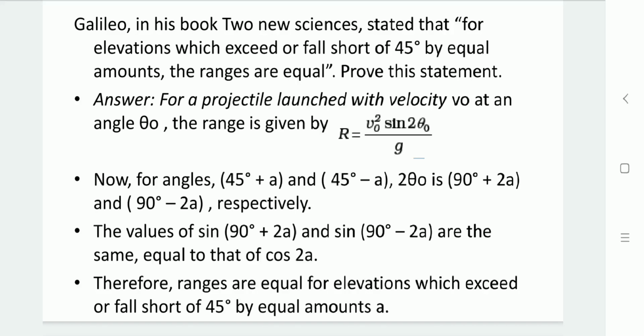Cos 2a or cos minus 2a, cos being an even function, gives the same value cos 2a. Therefore the ranges are equal for elevations which exceed or fall short of 45 degrees by equal amounts a.